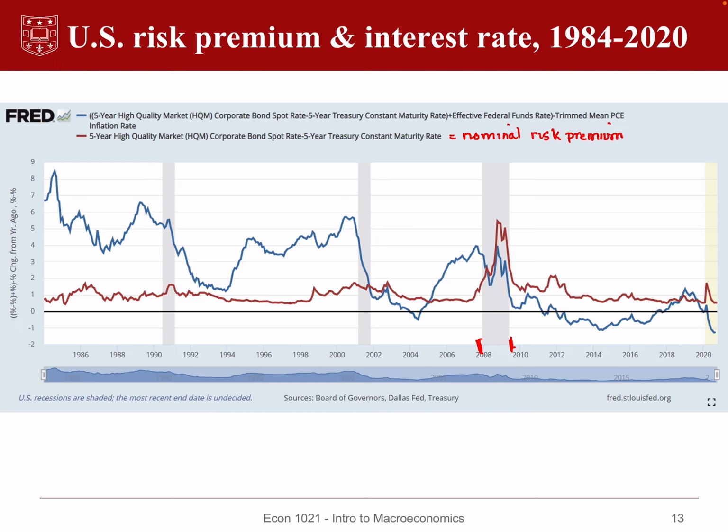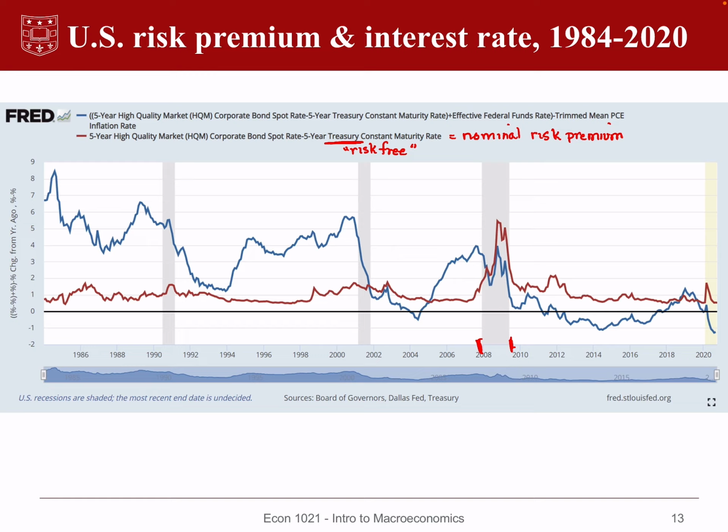So we take the high quality corporate bond rate and subtract from that a comparable termed safe asset. The Treasury security is considered safe, or relatively risk-free. This is our risk-free rate for comparison purposes. And this gives me a nominal value of the risk premium.